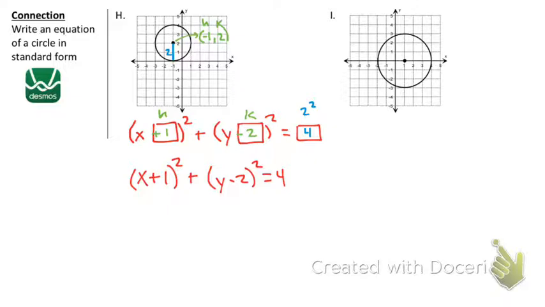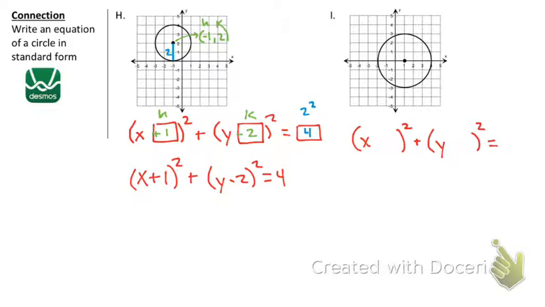Let's go ahead and try this one. So x, fill in a blank, plus y, fill in a blank, equals our radius squared. So we want to fill in this blank as well. Okay.